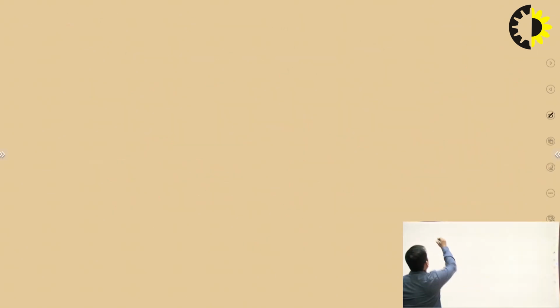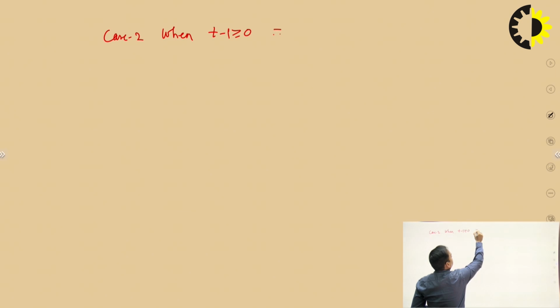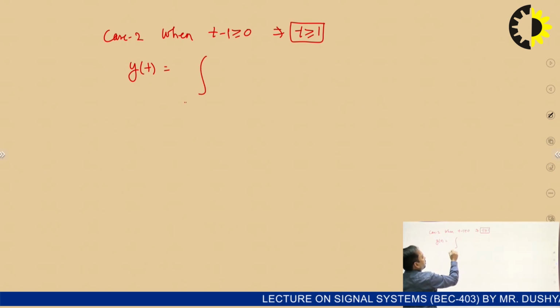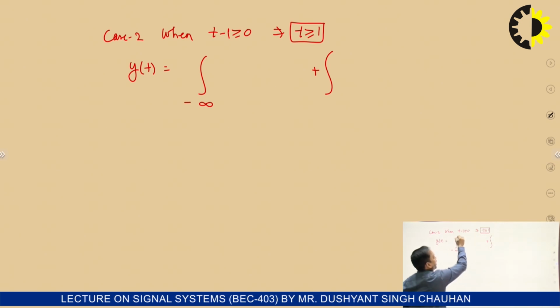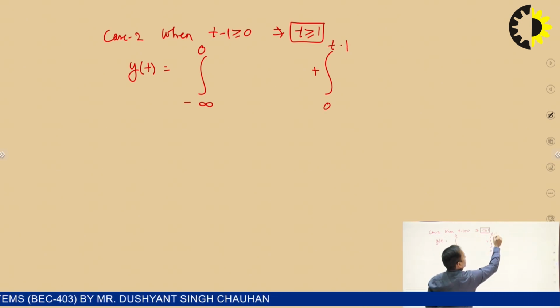So we can note down case 2, when t minus 1 is greater than or equal to 0, which is t is greater than or equal to 1. Now this y of t can be represented as the summation of two integrals. One is from minus infinity to 0, and the next is from 0 to t minus 1.